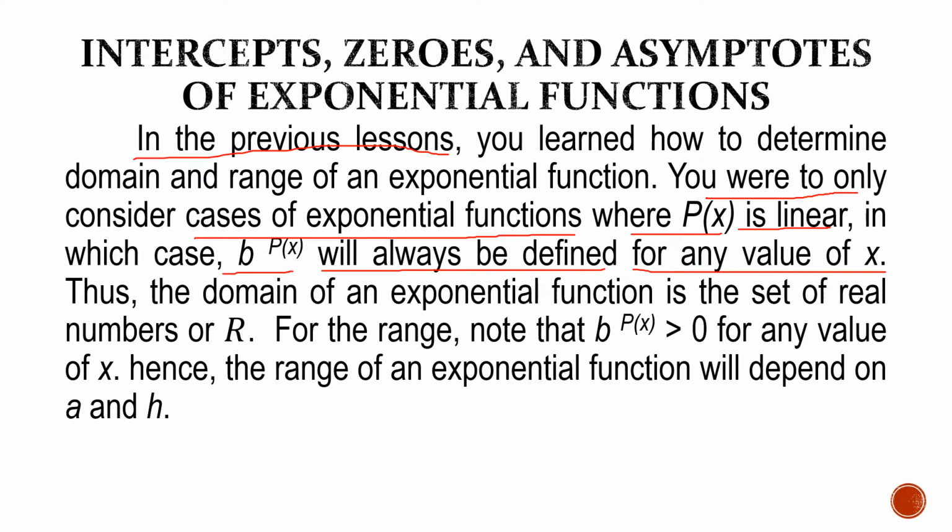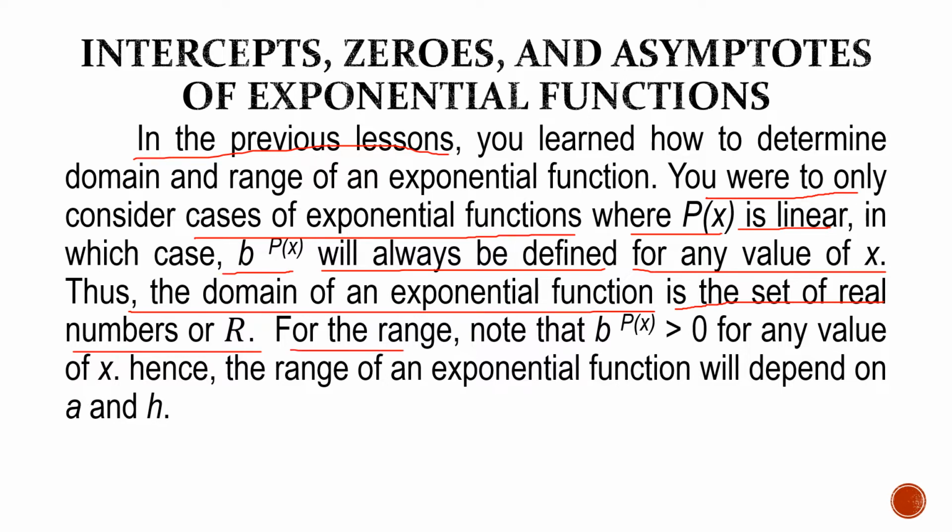Thus, the domain of an exponential function is the set of real numbers, R, meaning to say that the domain of any exponential function will start from negative infinity to positive infinity, including 0.